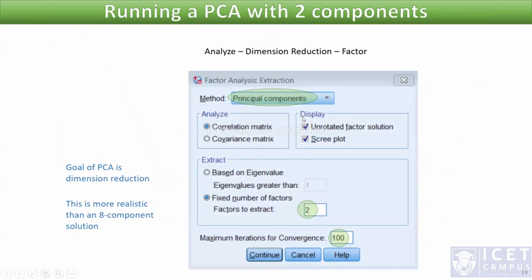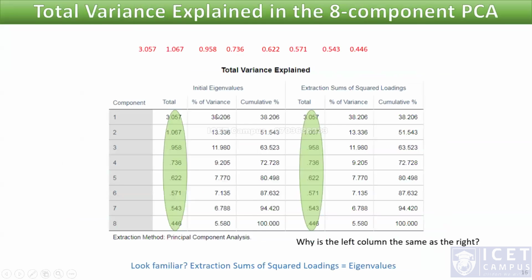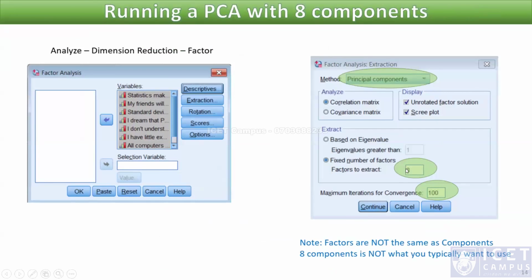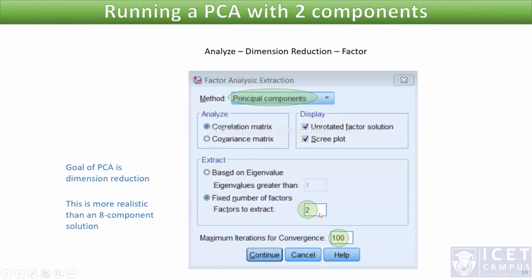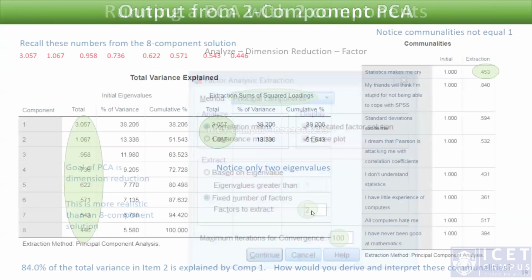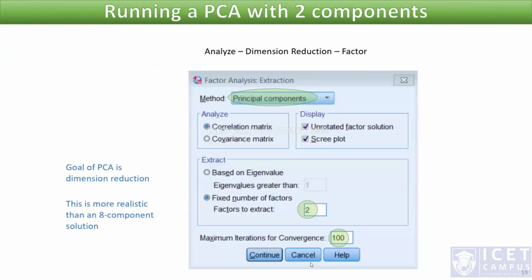So here we got eight factors. Now we are going to do the same process for two factors. The only thing is that we are changing this eight to two.